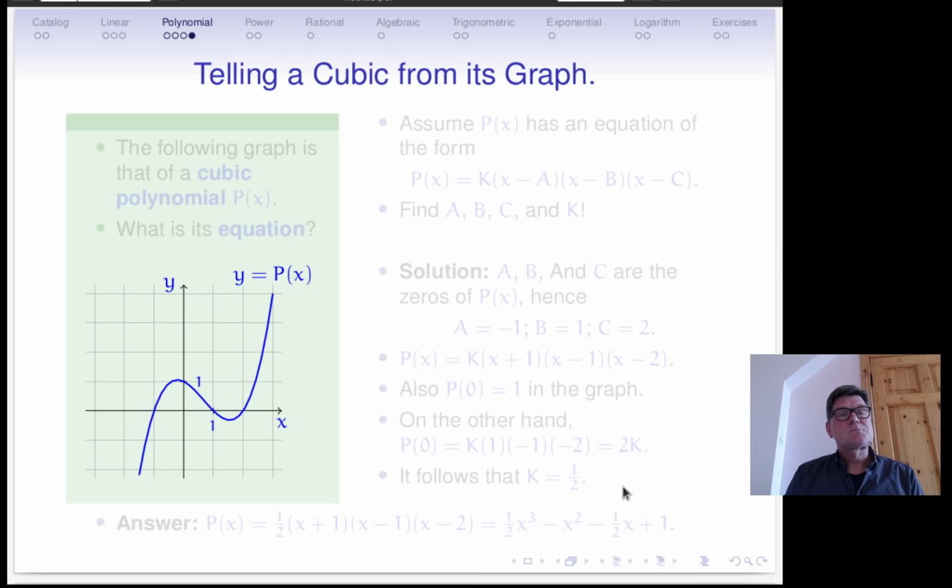where we derive the formula for a cubic from its graph. So here we have a graph, and we're told that this graph is the graph of a cubic polynomial. What's its equation?